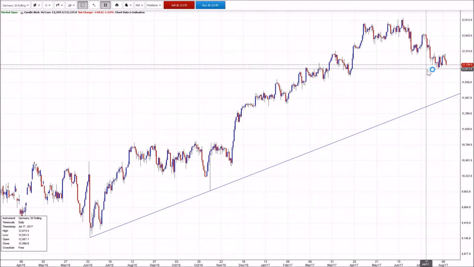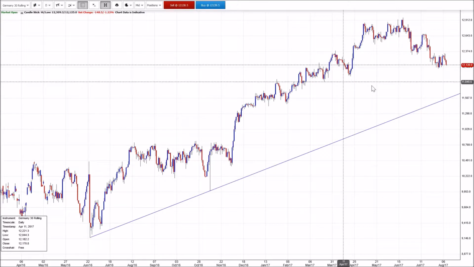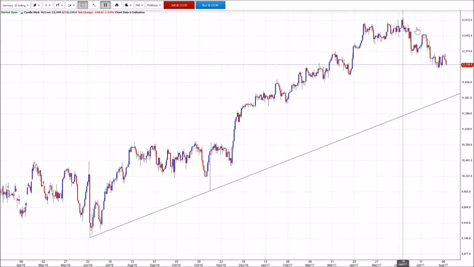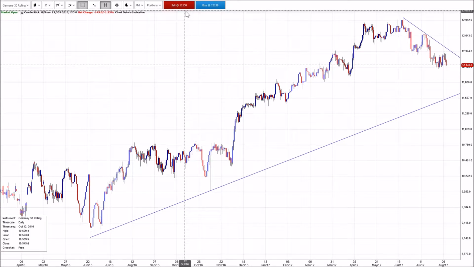Bits of support at 12,070, then bigger support at 11,934, 11,850. So there's still scope for the market to weaken, and clearly if we were going to draw our little trend line on the top, the DAX needs to break through, let's say, 12,370 to shake off this correction, which is 240 points higher than where we are now.